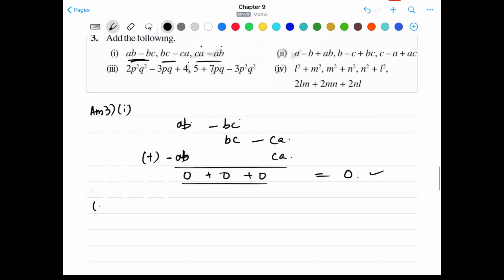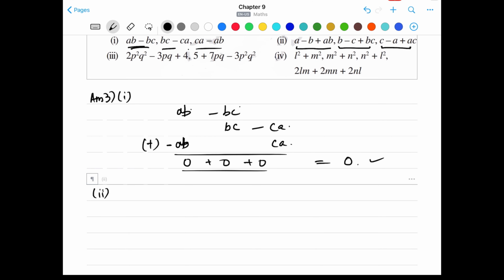Now let's come to part 2. Here we have three terms: A minus B plus AB, B minus C plus BC, and C minus A plus AC. Let's start with the first expression: A minus B plus AB.